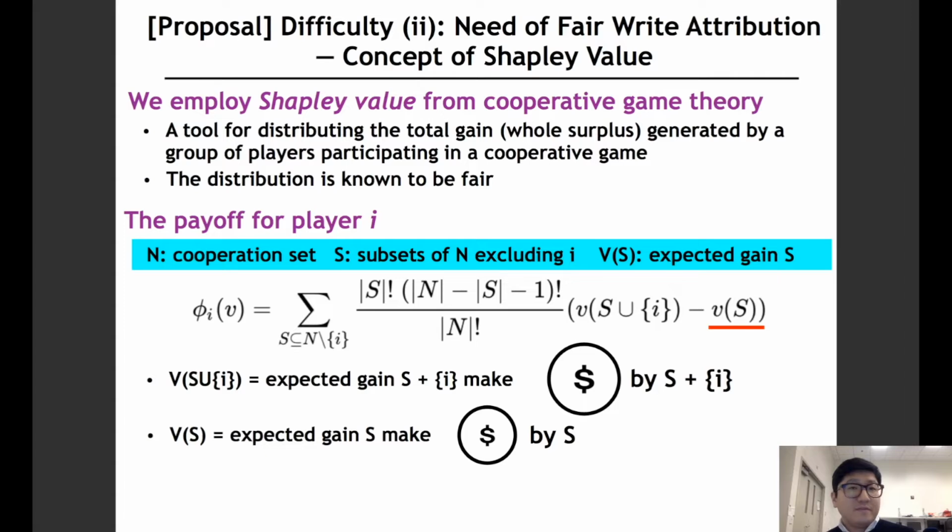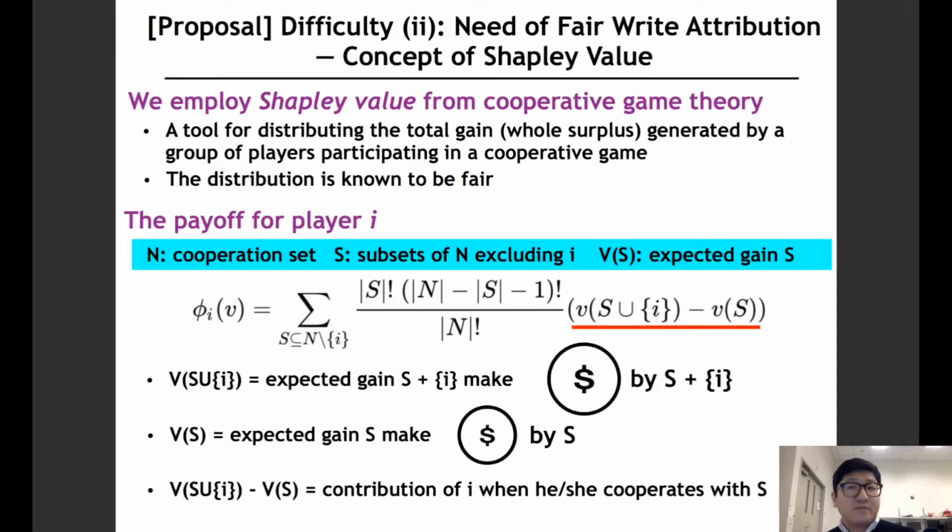So the difference between the two terms stands for the contribution of player i when he or she cooperates with the subset S. And all such contributions of player i are averaged with some weights.